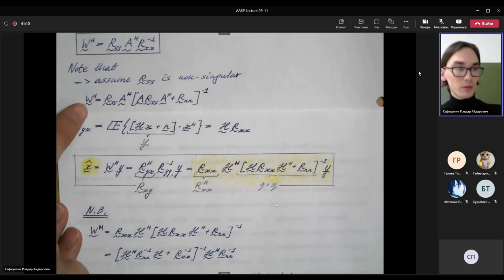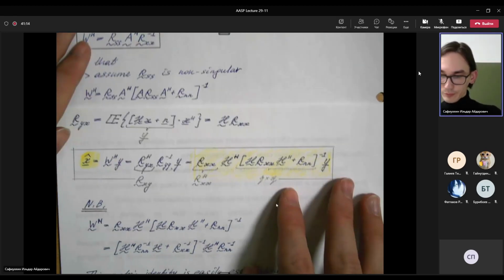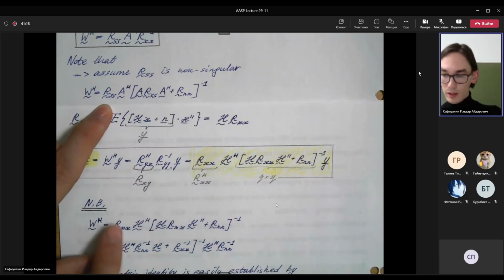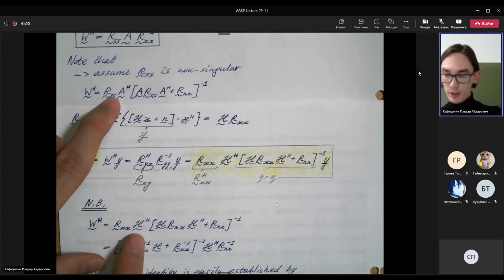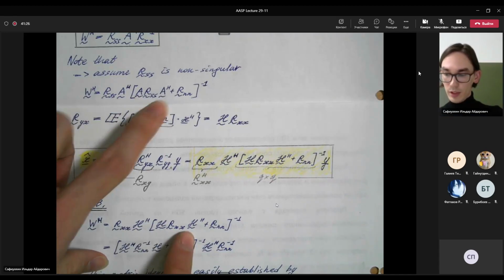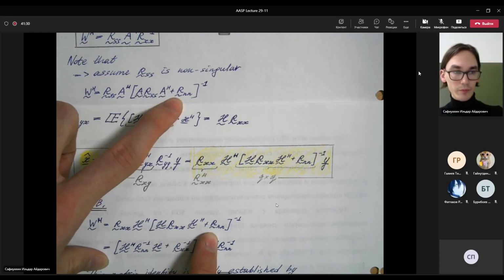So W Hermitian is equal, but here we use RSS instead of RXX. Then instead of H we use A Hermitian. Here A RSS A Hermitian plus the noise.